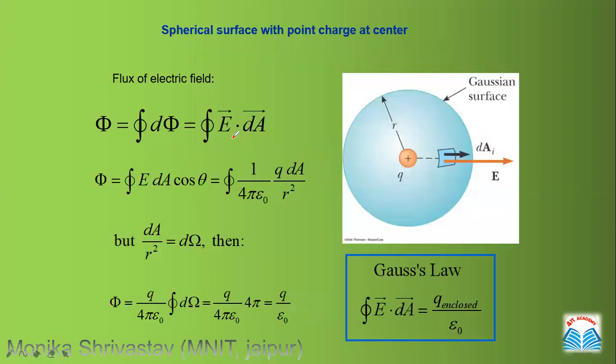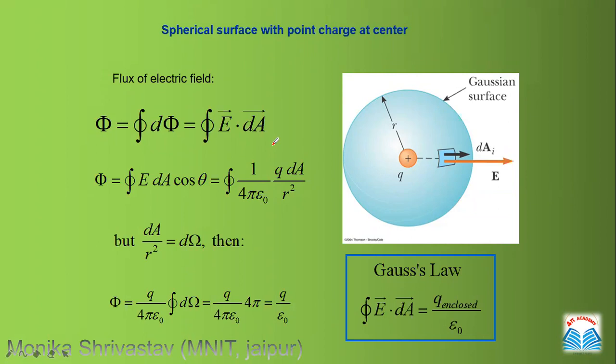So, if we have a spherical surface and there is a point charge at the center of that surface, then what will be the flux coming out of this surface? The flux of the electric field is the integral of d phi, which equals E dot dA.